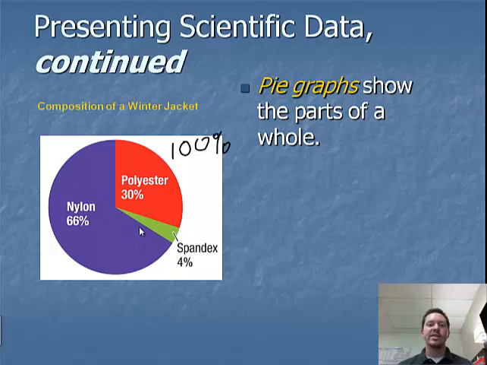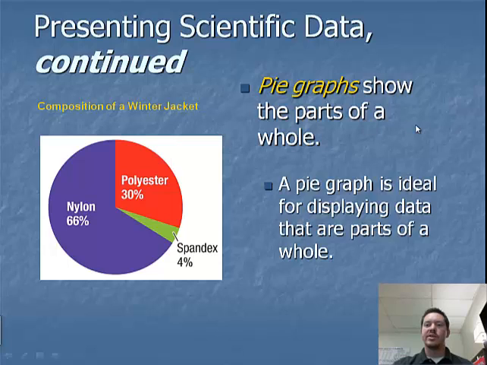Of this winter jacket, we've got 66% nylon, so this is 66% of the whole of what this jacket is made out of, 30% polyester, and 4% spandex. So we've got those different parts of a whole. A pie graph is ideal for displaying data that are parts of a whole.